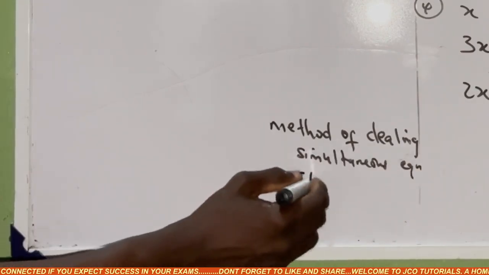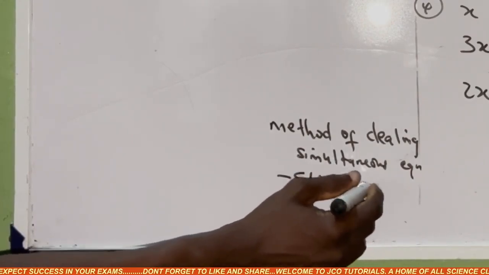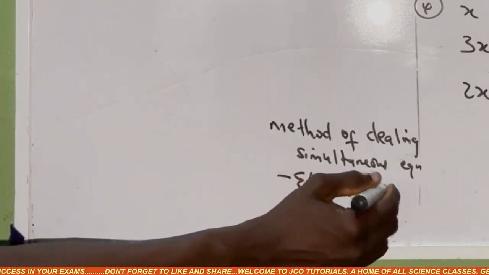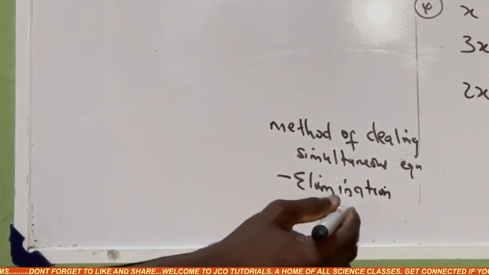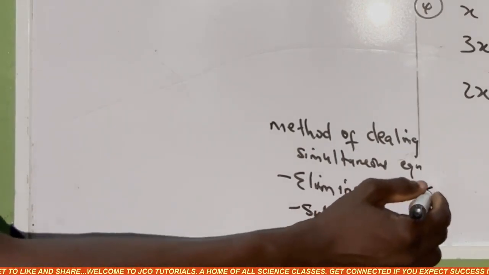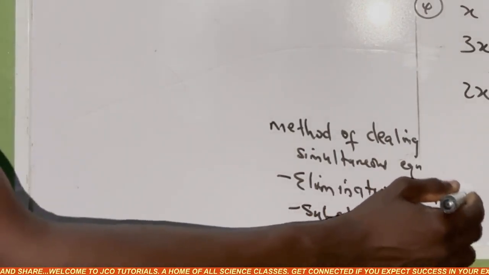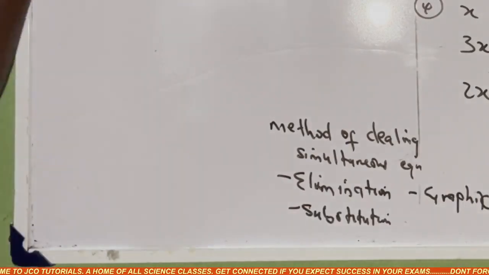We have elimination. Probably after we are done with understanding matrices, we'll touch this method. Elimination, we have substitution, we have graphical. Yes, very important one. Graphical. So this is the fourth method.